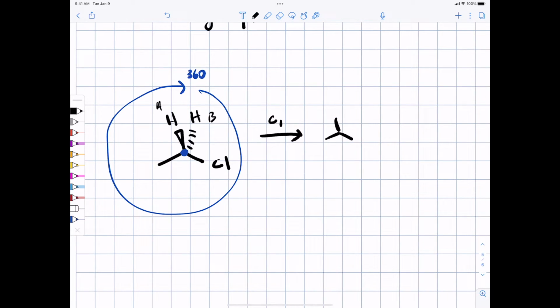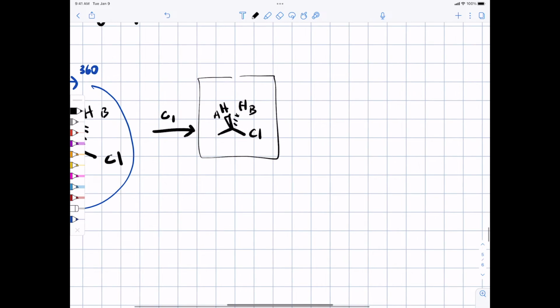And then the mirror plane would be the plane of the page. At that point, if you apply the mirror plane, the Cl and the Cc bonds remain unchanged.